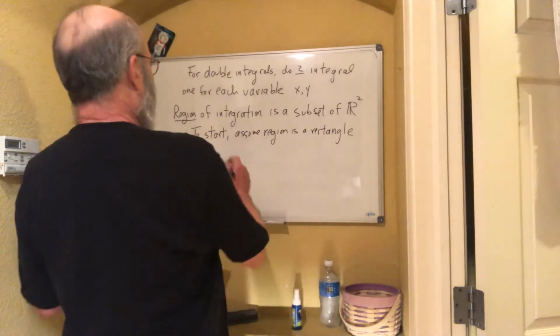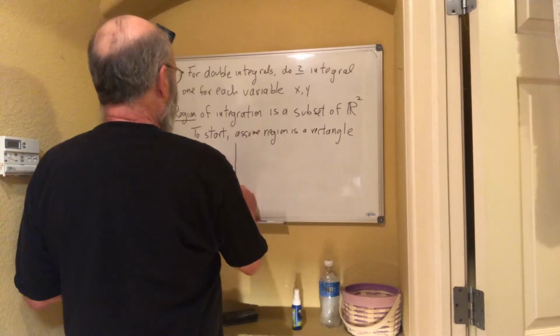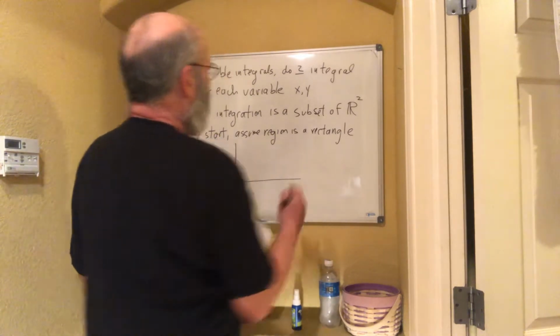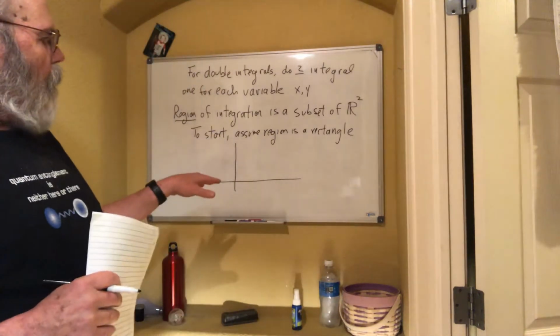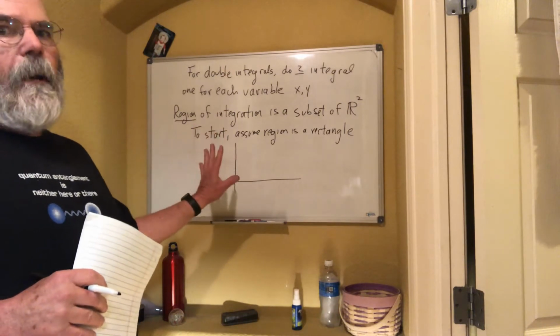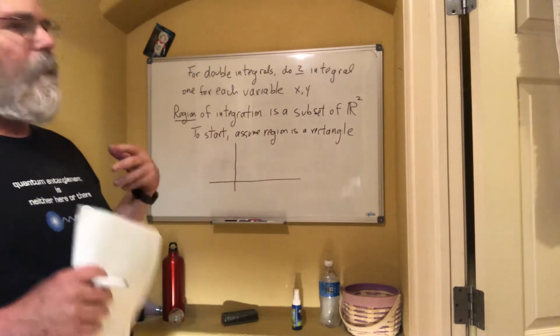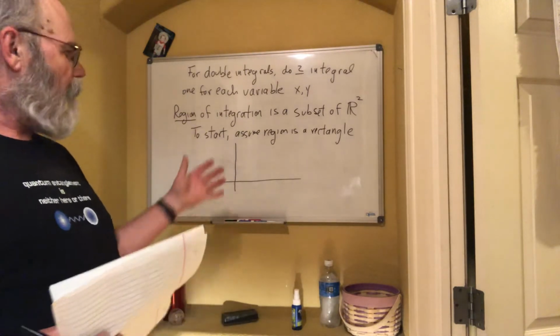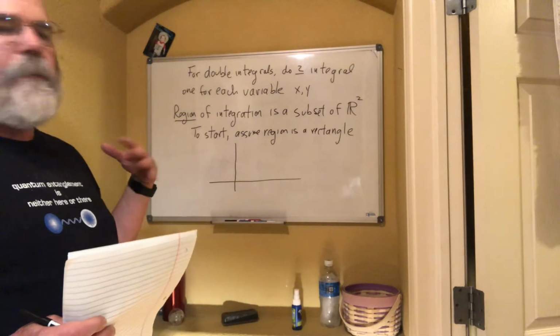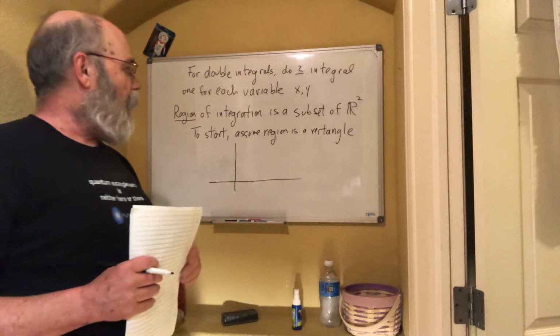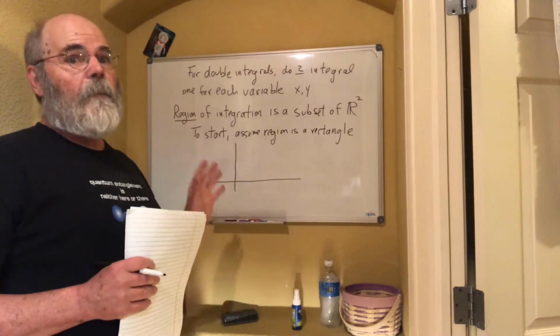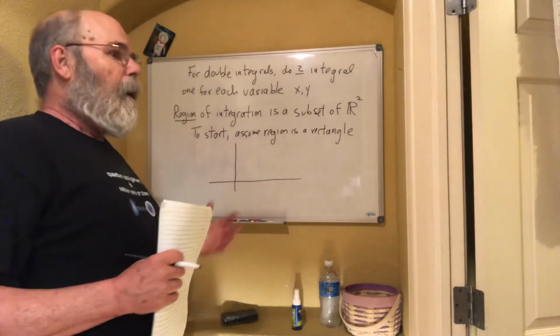We're still in 2 dimensions now, but I'm not going to see the function here, right? I'm only going to see the region. If it's a 2-dimensional function, say z is f of x, y, it's maybe coming out of the board or something. But when we set these up, we really just focus on the region primarily.